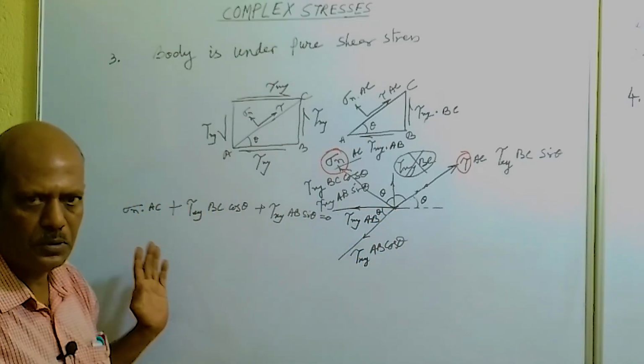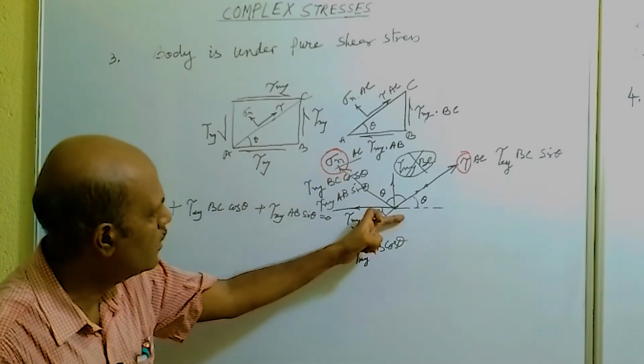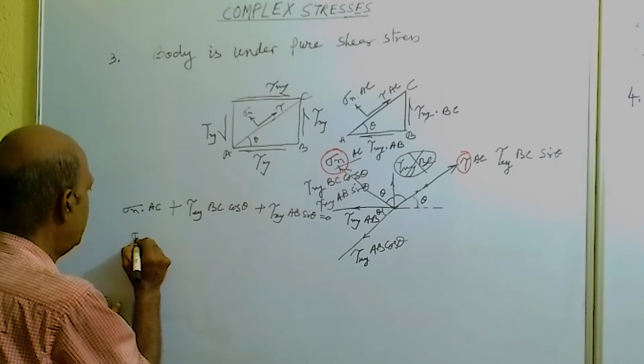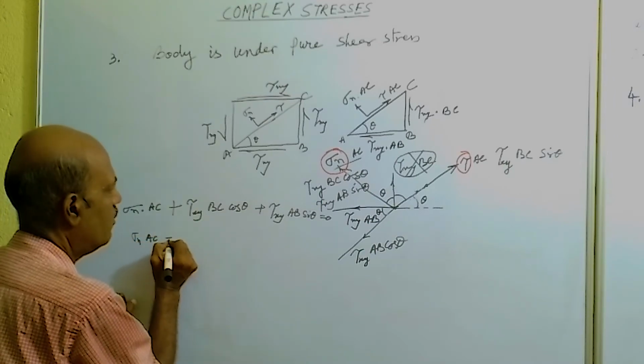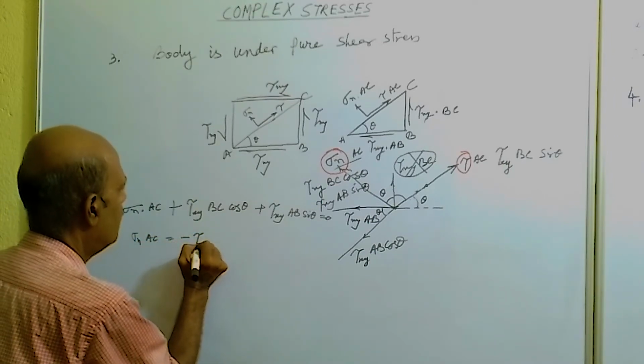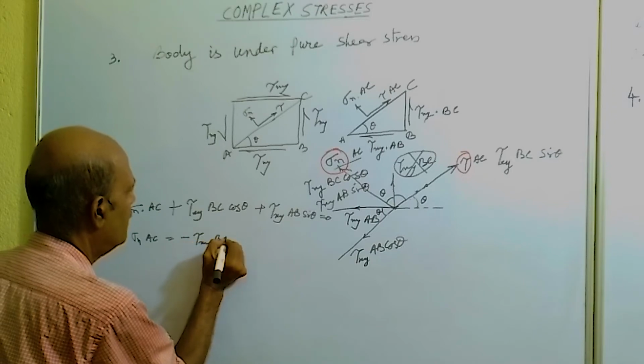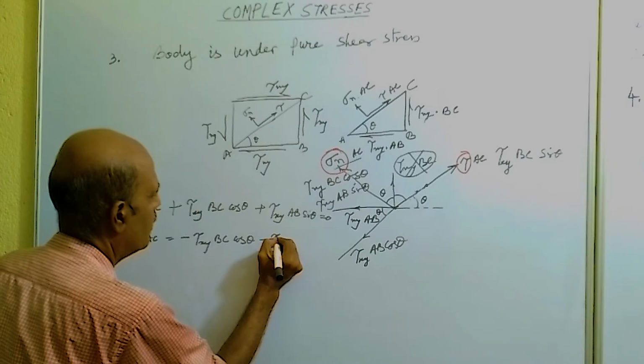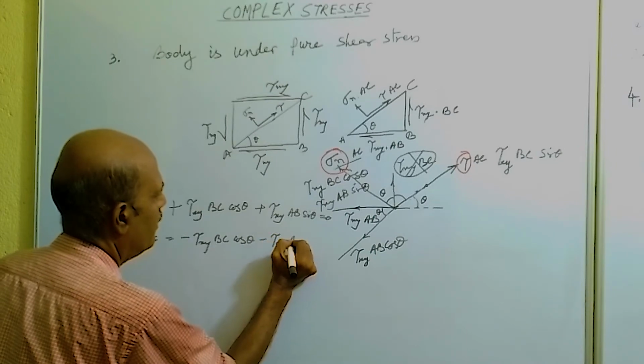So the sum of the forces along this direction will be 0. Which gives sigma n into AC equal to minus tau xy bc cos theta minus tau xy ab sin theta.